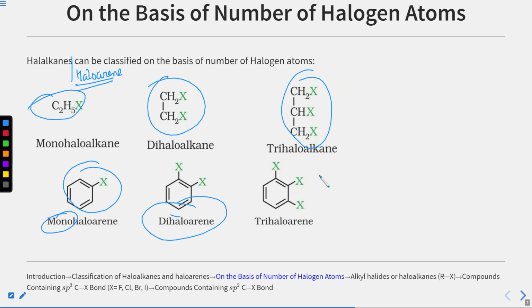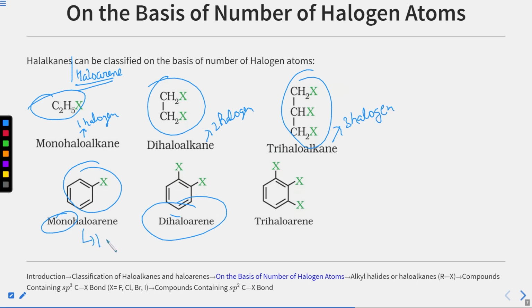And we got the classification of haloalkane and haloarene based on the number of halogen atoms we have. So for monohaloalkane we will have 1 halogen, for dihaloalkane we will have 2 halogens, and for tri we will have 3 halogens.